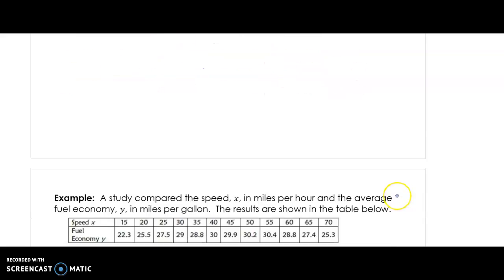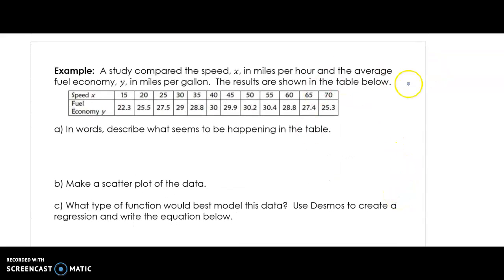On the back side of our worksheet, we have an example. I'll give us a second to read it. We have a study comparing the speed, x, in miles per hour, and the average fuel economy in miles per gallon, with the results shown in this table below.